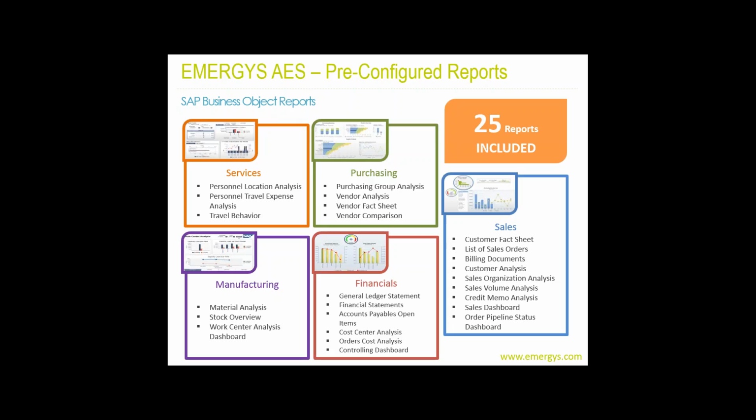You see some for services, purchasing, manufacturing, financials, and sales. So you don't start with nothing, which is pretty common. We'll go in and do an implementation. We did this for years, and we've sold them the tool set for business intelligence, but it's a phase 2 or a phase 4, and sometimes it's just shelfware. They never do anything with it.